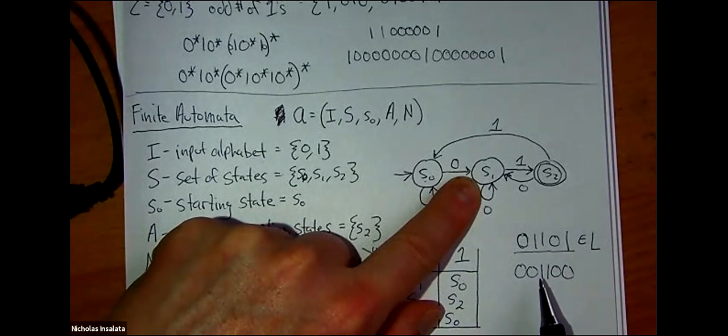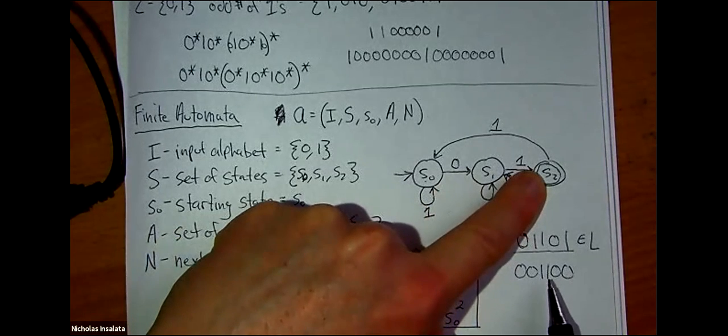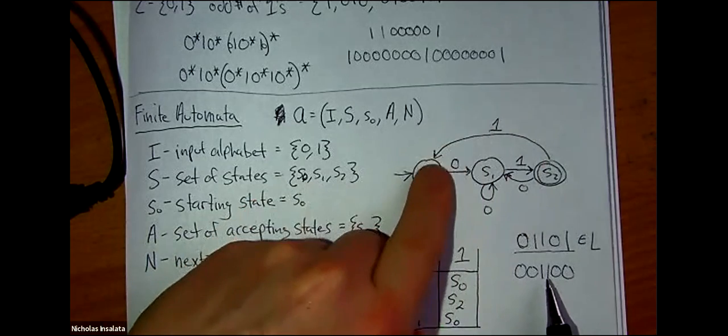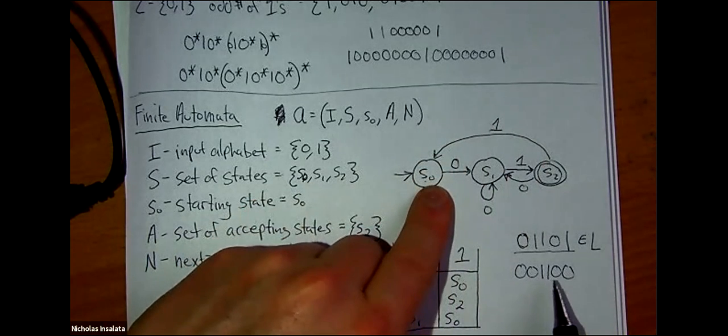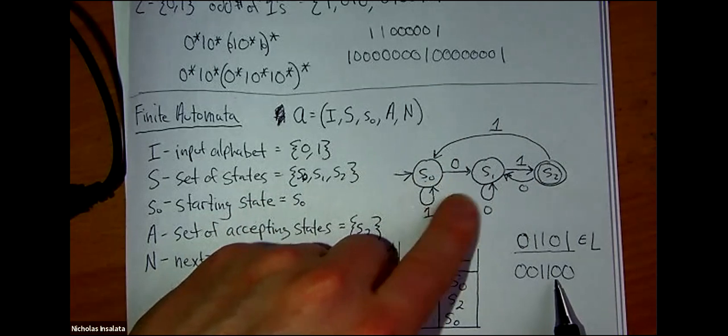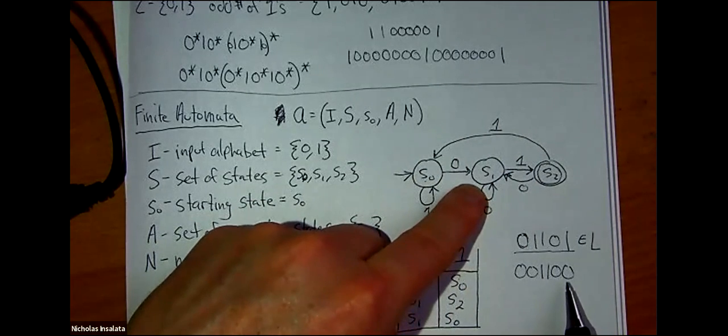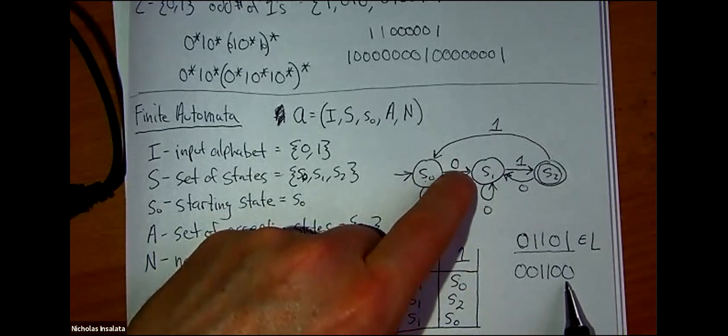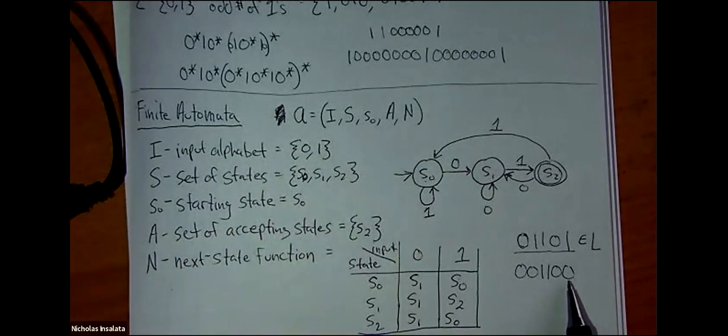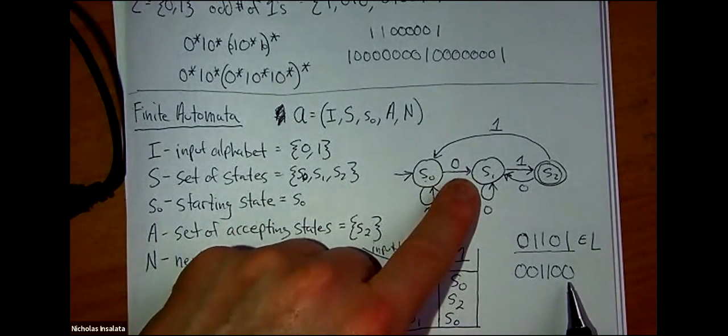Still S1, good. Then on a 1, where do you go next? S2, okay? Reading another 1, where do we go next? Back to S0, good. Reading a 0, where do we go next? S1, good. And finally, our last 0, S1. Is this string in the language if we end up in state S1?